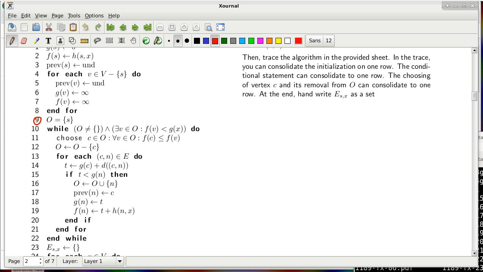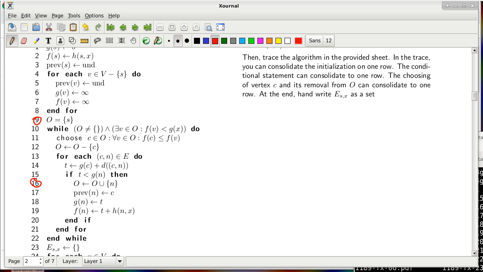So line 9 is one line that puts something into O. It only puts the start vertex, which in this case is vertex M, into the set O. So it's not a big deal, okay? There's only one more line that can put something into the set O, and which line is that? Line 16, that is correct. Okay, so it's line 16.